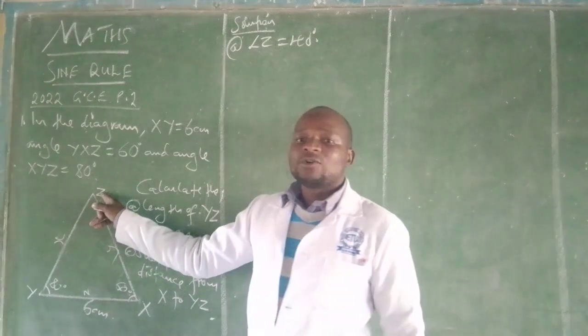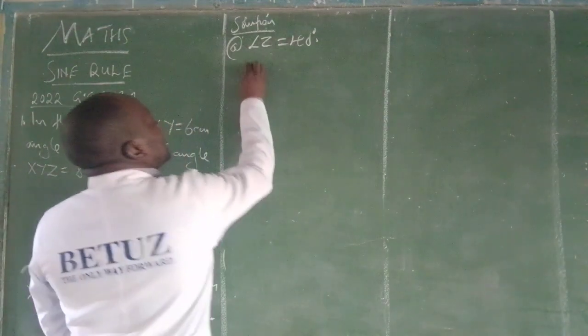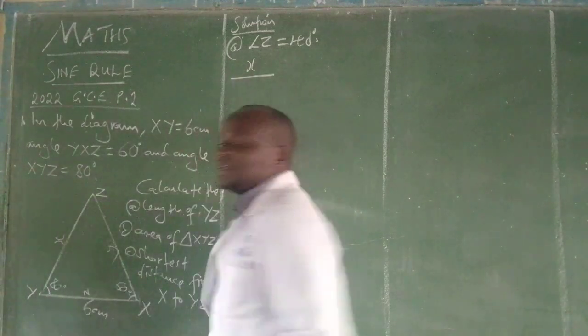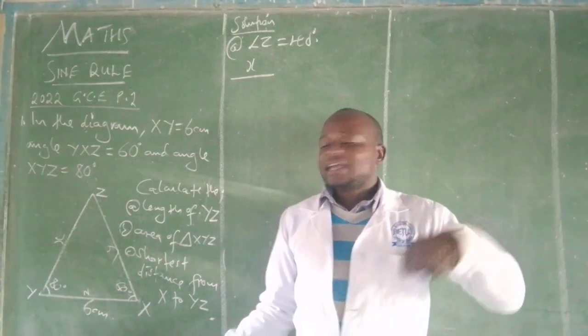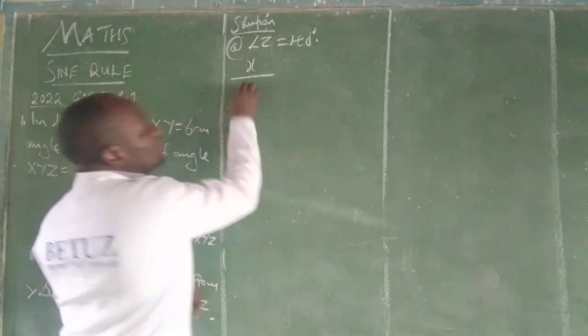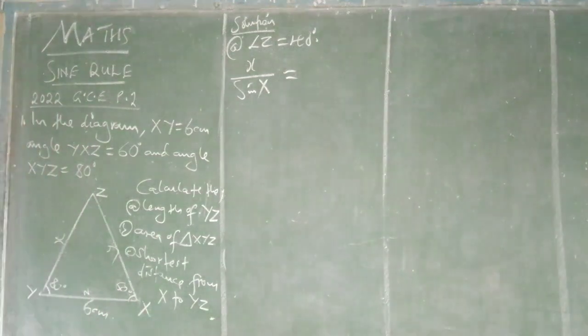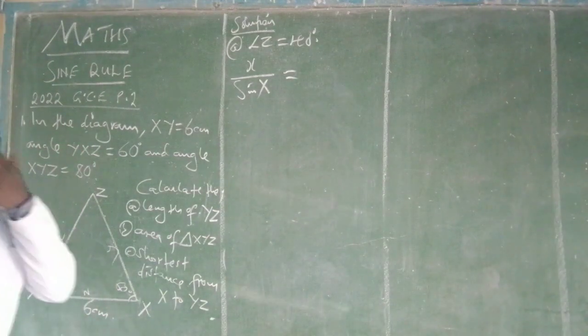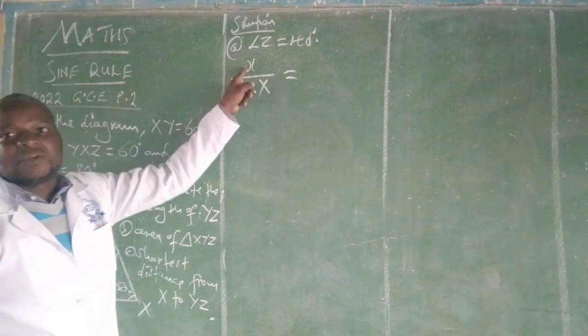So YZ, on YZ we have a small x. So you write x divided by its angle, which is the x. So now you include the side. So it will be x over sine angle x is equal to, you get now the pair which is complete. So the complete pair here is the pair for z, which is here. You start with the side because here we started with the side.